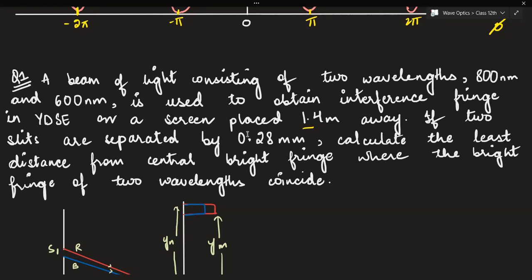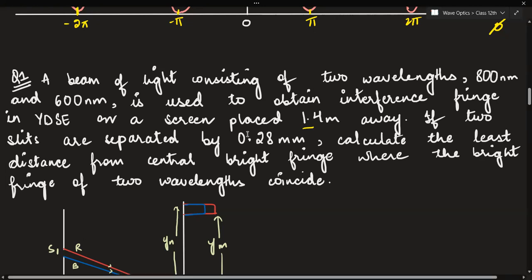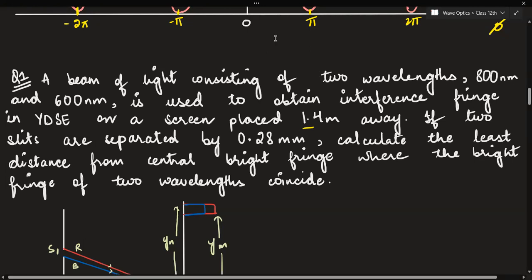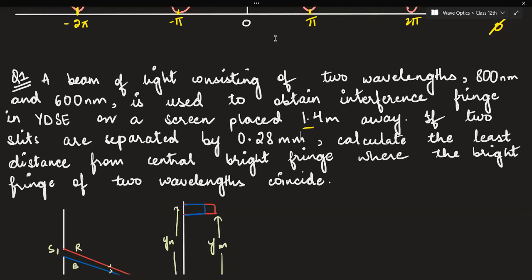Now, what is meant by this, where both the wavelengths coincide? I have told you that at the center, you get a very, very bright fringe, which we call the central bright fringe.